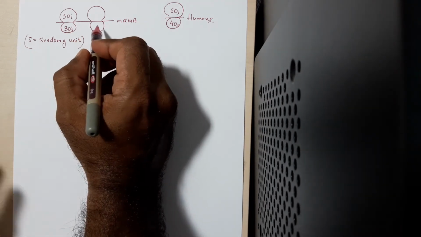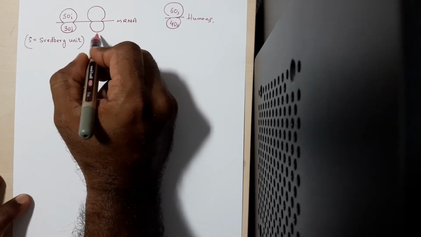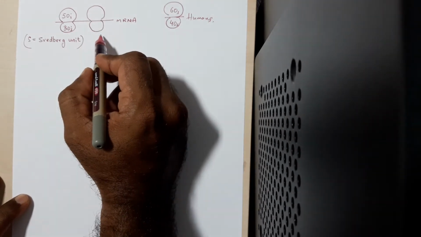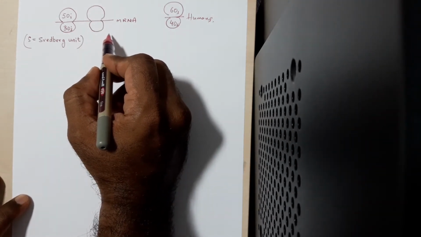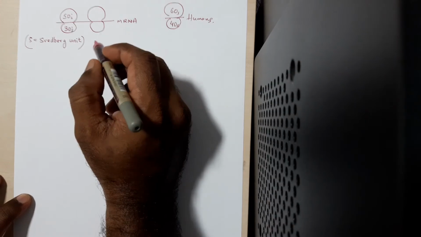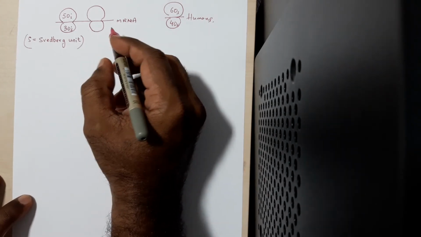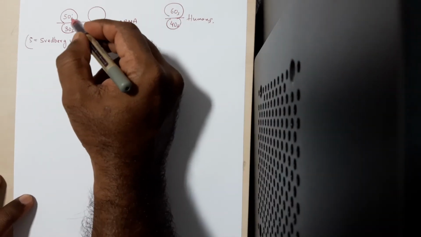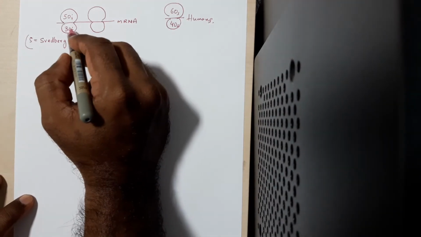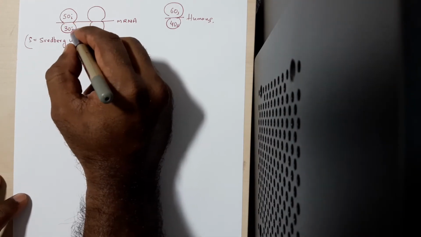This mRNA contains codons, and they are complementary to which the amino acids will be placed in the proteins. In bacteria, we have discussed these 50S and 30S ribosome subunits.